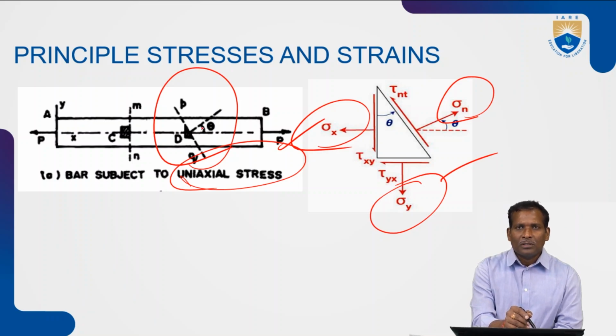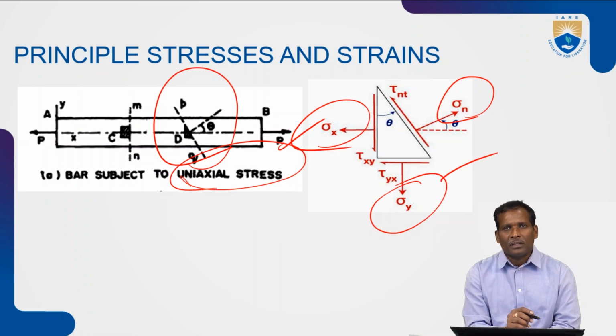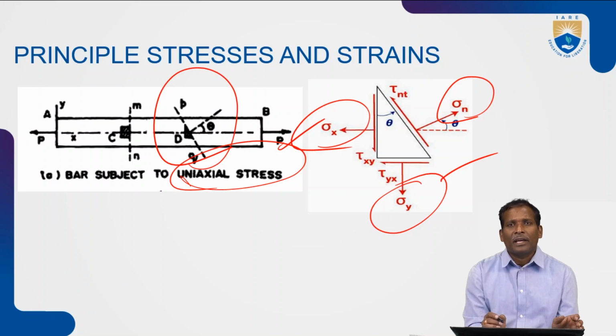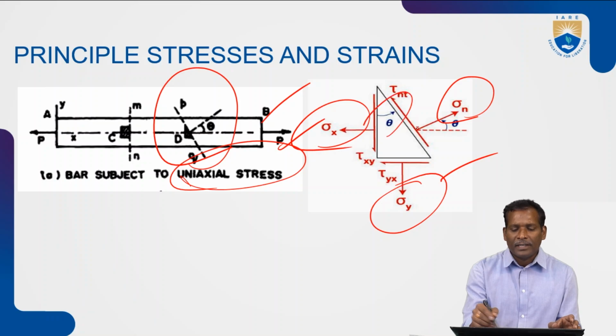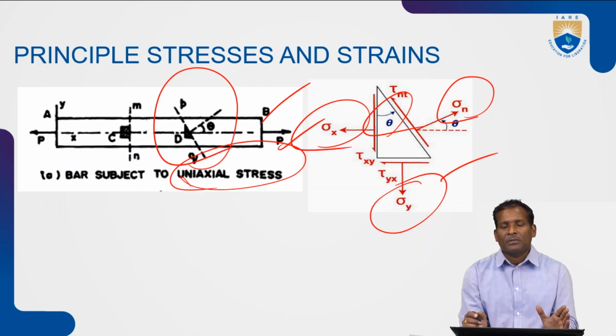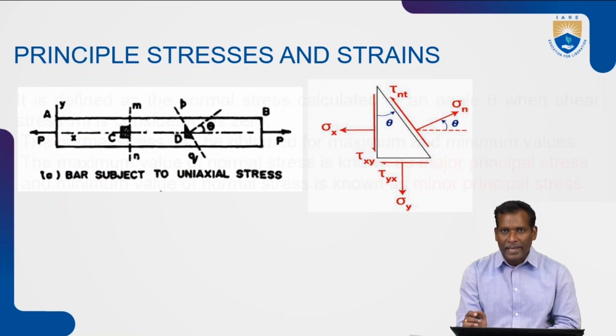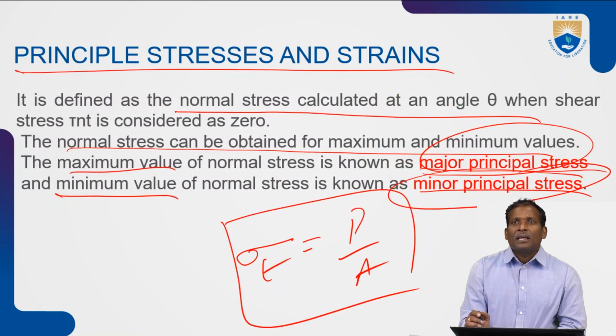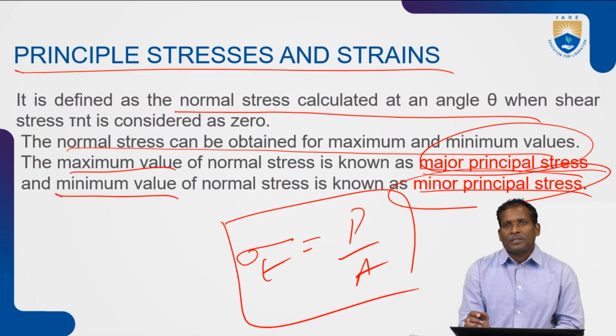Without an angle, you can calculate by using empirical relations, but whenever this plane is inclined to the reference line with angle theta, here the major normal stress is called the major principal stress.